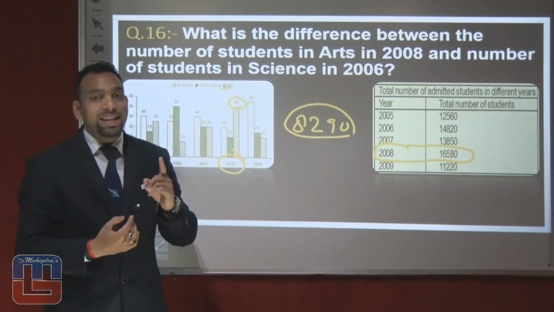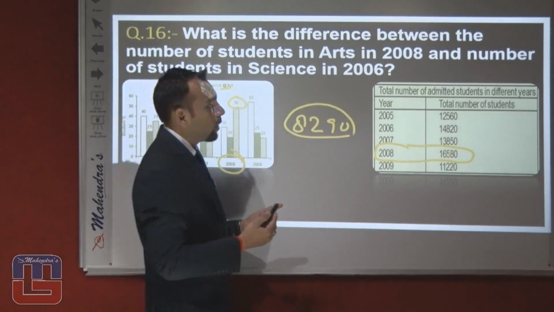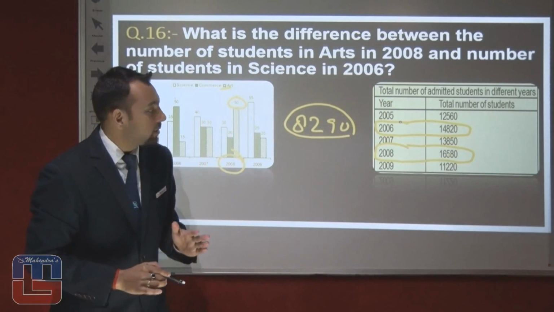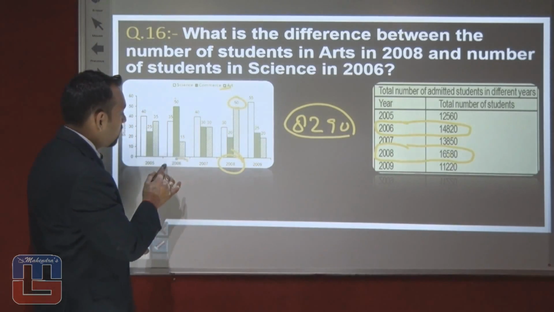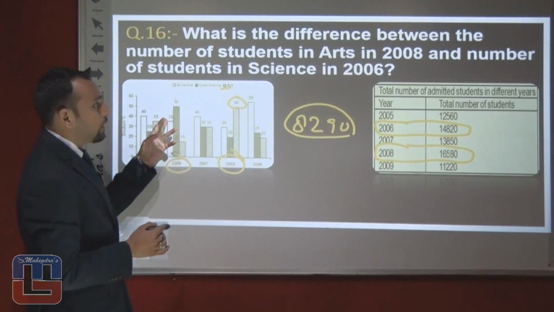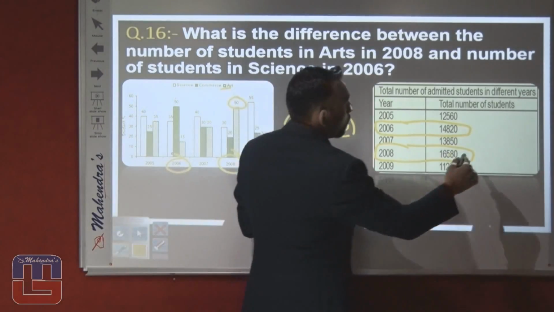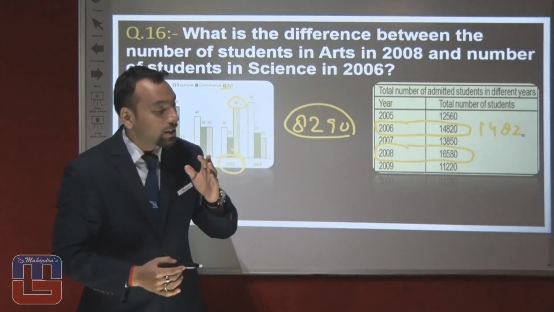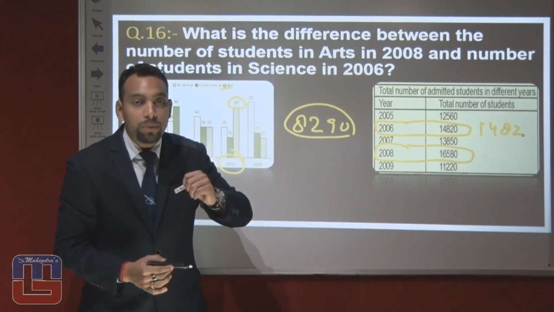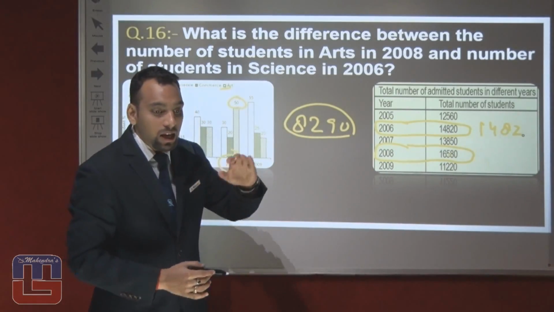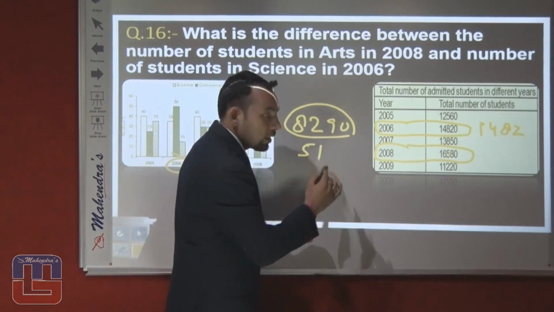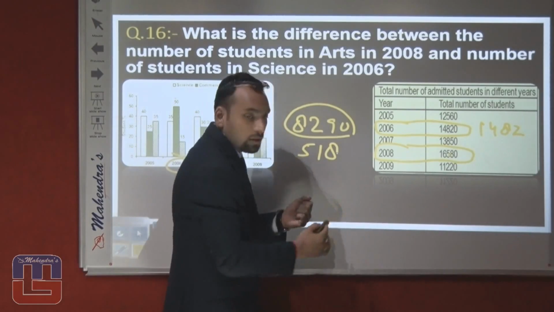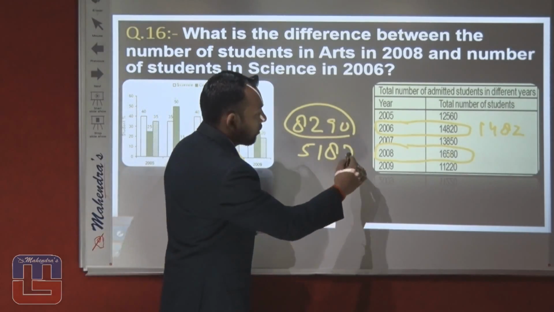Number of students in science in 2006. Science in 2006 here, science will be 35%. So 14820. 35% of this will be equal to, directly I am writing, 5187, right?